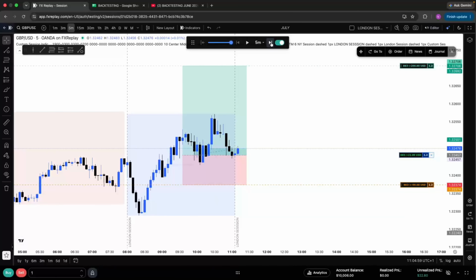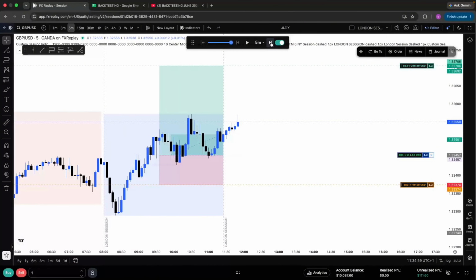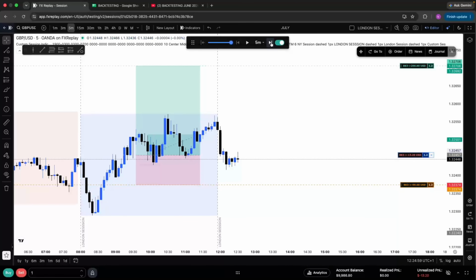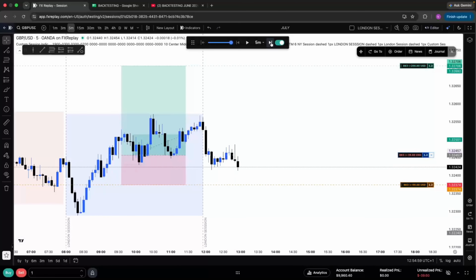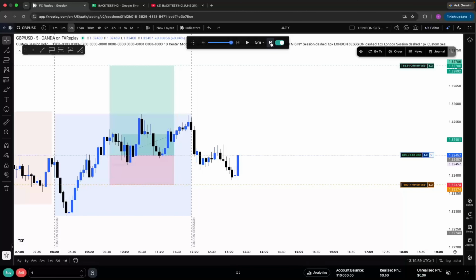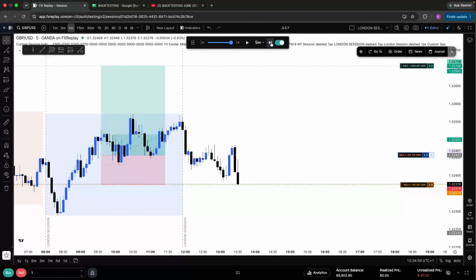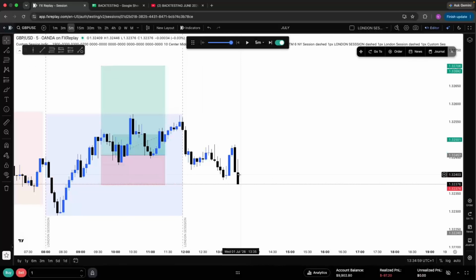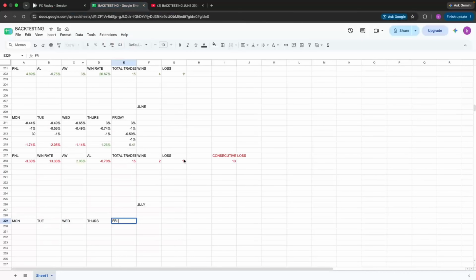Push to the upside. Let's retest my entry. Just tested the lows. Yeah, it would definitely hit stop loss. So minus 97 on what day?